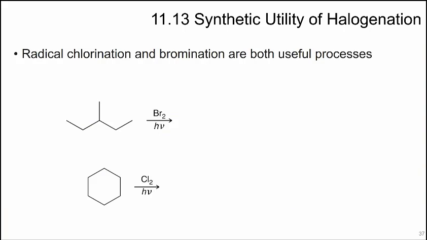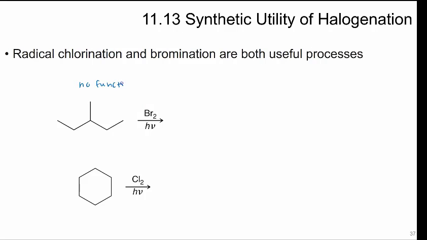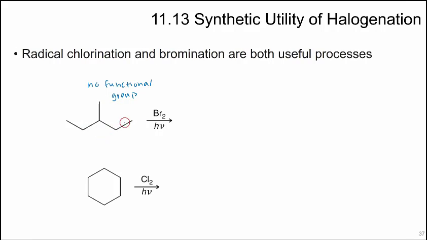There's lots of uses for halogenation and synthesis. We can use radical chlorination and bromination in different types of settings. If you look at this here, there's no functional groups. If you wanted to do a reaction with this, there's no alkenes or alkynes that we can do reactions with. But if we want to brominate the most substituted position, this now gives us a functional group handle. The same thing with chlorine.